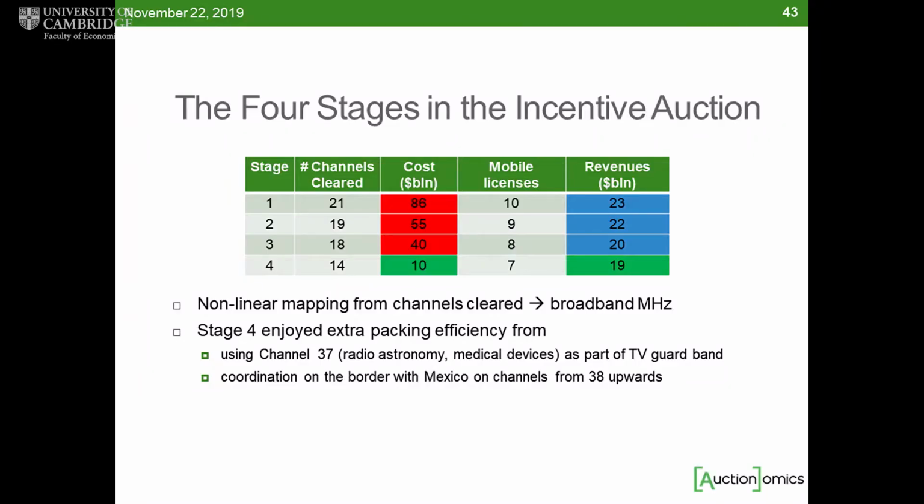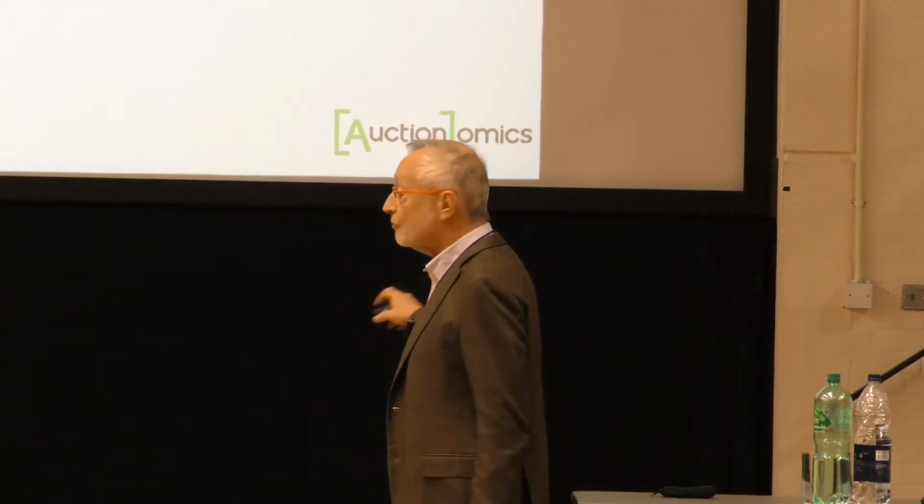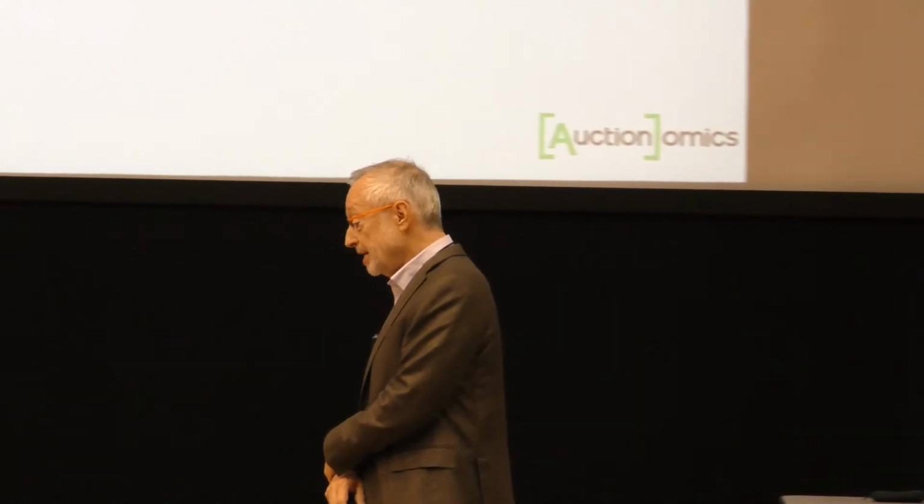So here's what it looked like from the standpoint of the stages in the auction. Okay, so what do we see? The first round of the auction, how did the government decide how much they wanted to clear? They set the highest possible clearing target. They took a look at the stations who were participating in the auction and said, if we could buy all of them, how much spectrum would we clear?